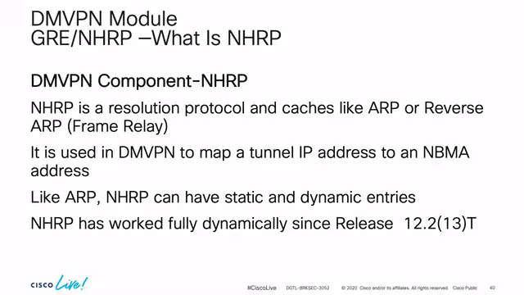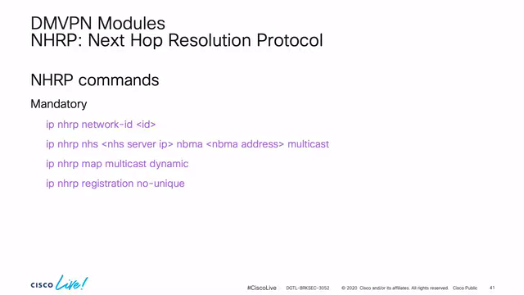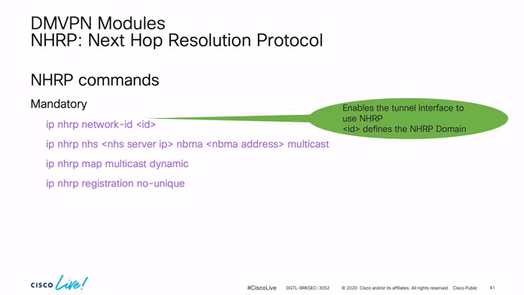So what are some of the mandatory commands that we need to configure to enable NHRP? We need to configure the IP NHRP network ID. Basically, this command ensures that the tunnel interface uses the NHRP ID, which defines what are the different devices within that same NHRP domain. You would also need to define the next hop server.